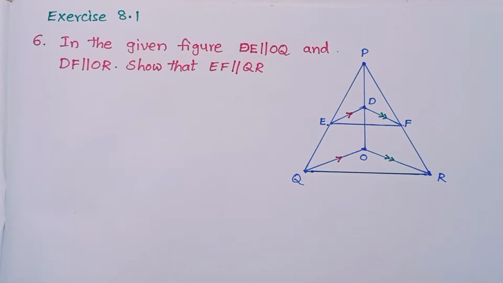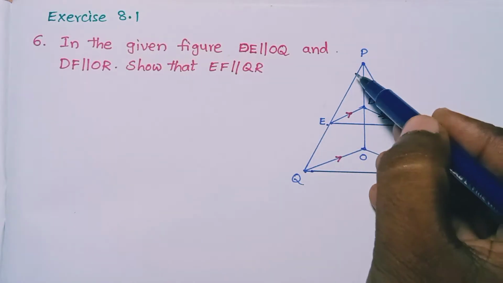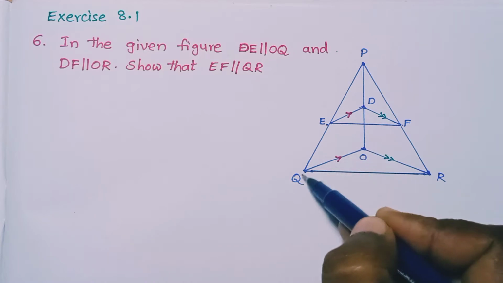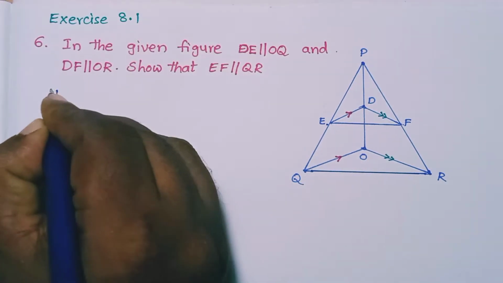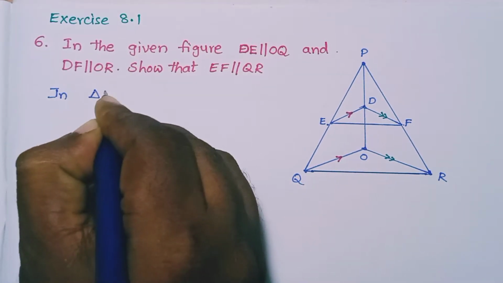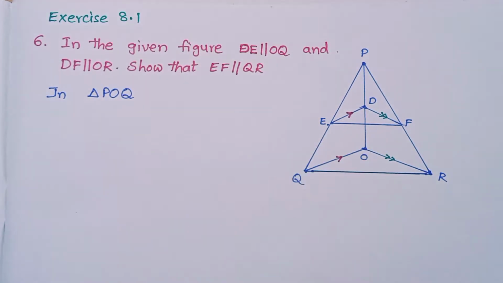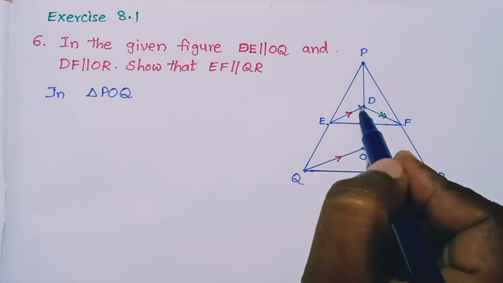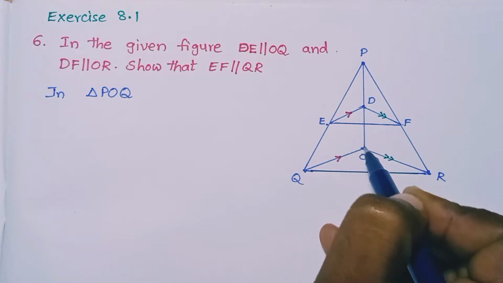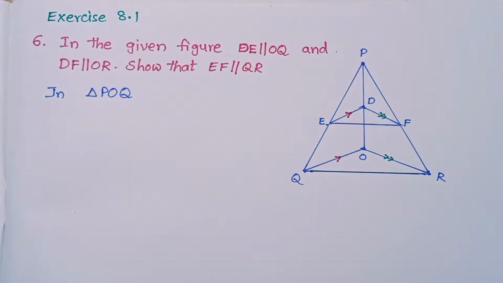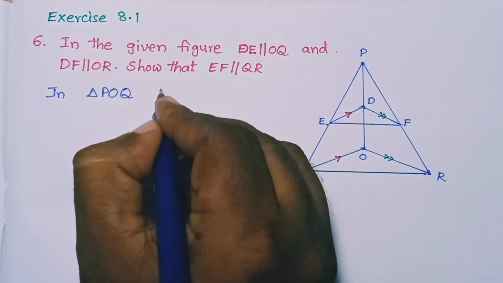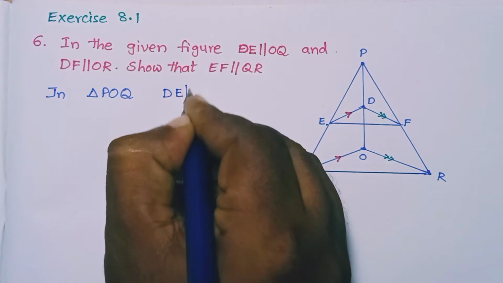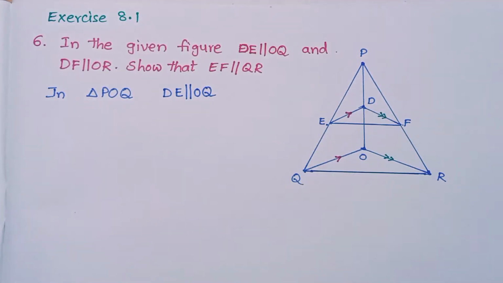Then see, dear students, first we will take the triangle POQ. In the triangle POQ, we can see here DE is parallel to OQ.